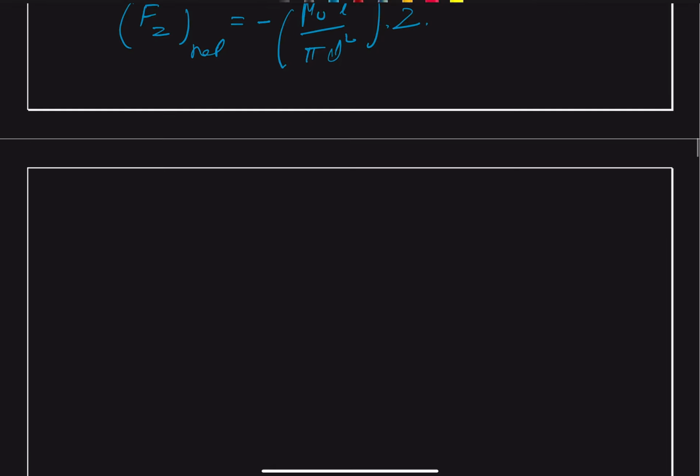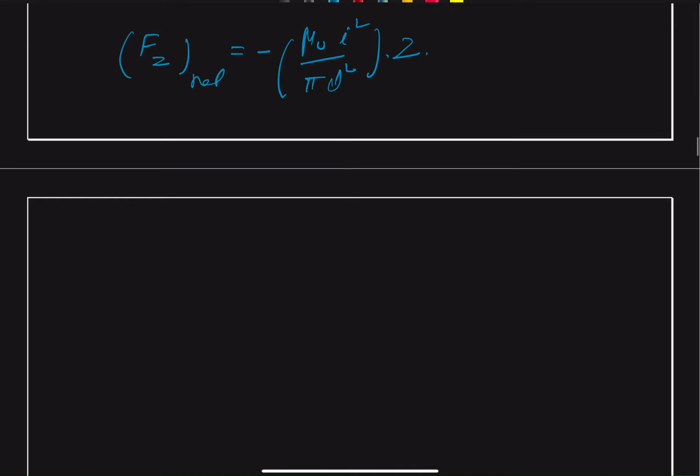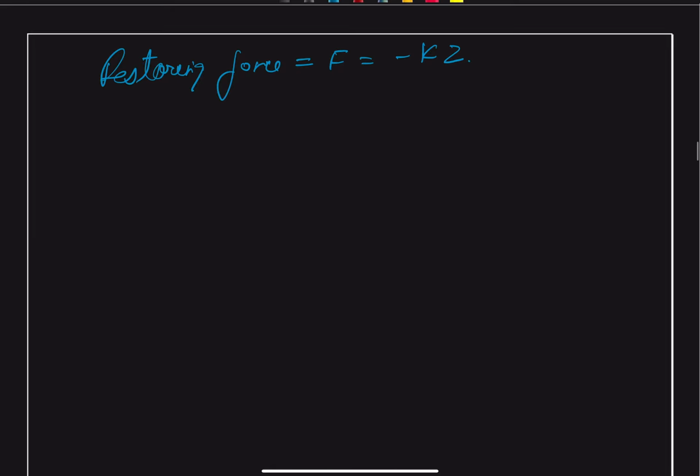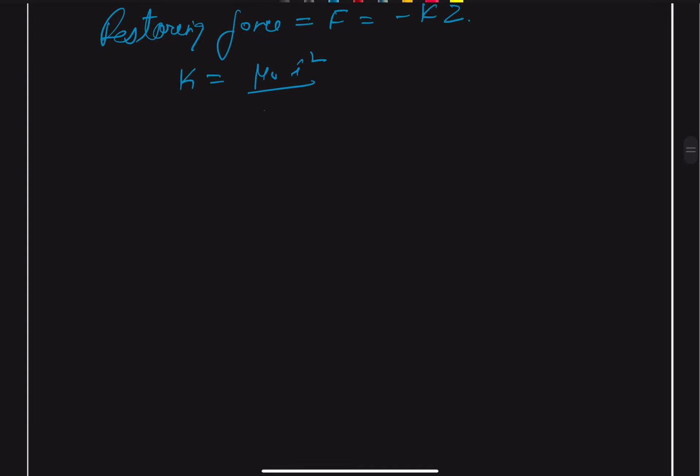And we also know that the restoring force F is equal to minus K times z, where K is our mu naught I square upon pi d square.